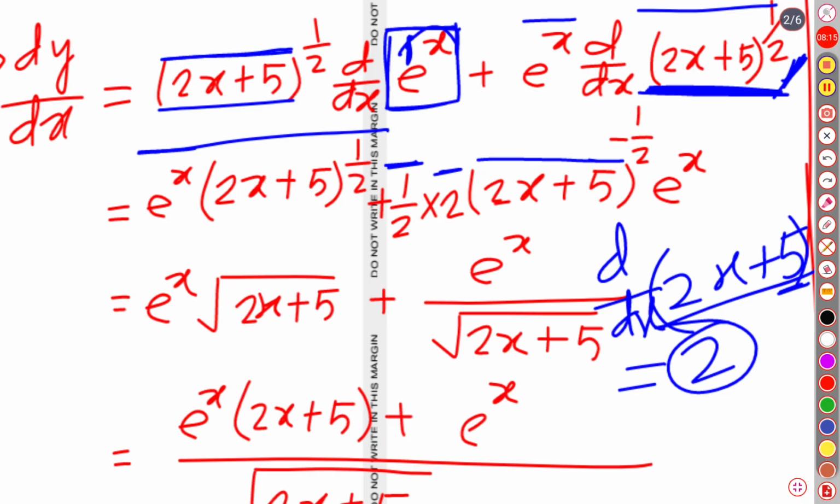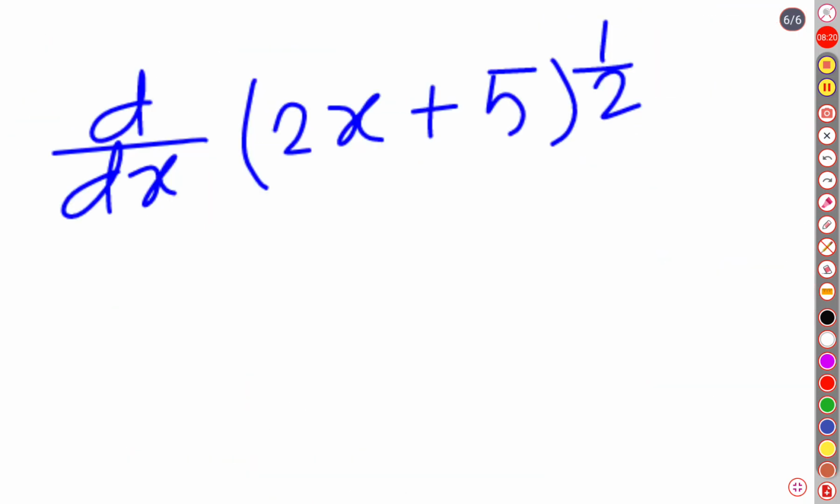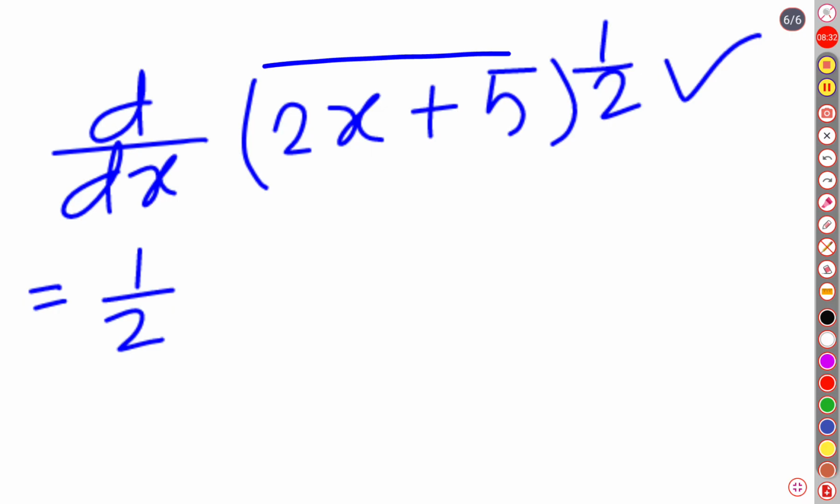So let me explain this again on a new page. This is our function, and we are going to differentiate this. First of all, what will we do? We will write the exponent. The exponent is half. Then we will differentiate the inner function, 2x + 5. For 5 it will produce 0, and the derivative of 2x is 2. So we have written 2. First we have written the exponent, then we have differentiated the inner function.